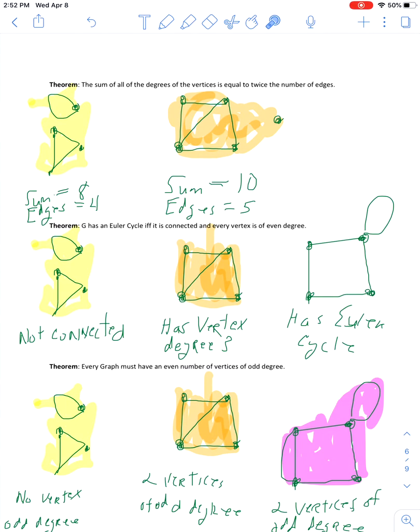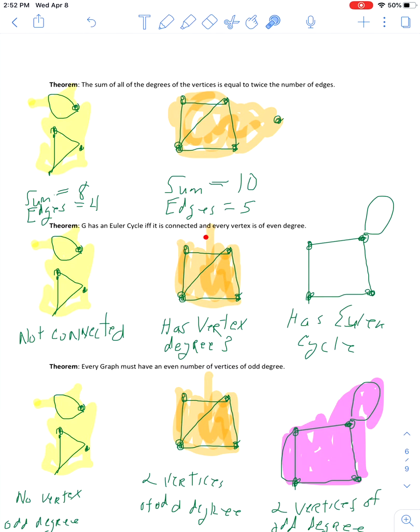Why? Because I cannot walk from this vertex to that vertex. Just to review a little bit, this graph has two components. Here's one component, here's the other one. So what can I tell you? This graph does not have an Euler cycle. Why? Because it's not connected.